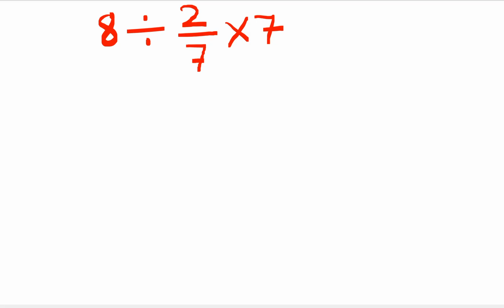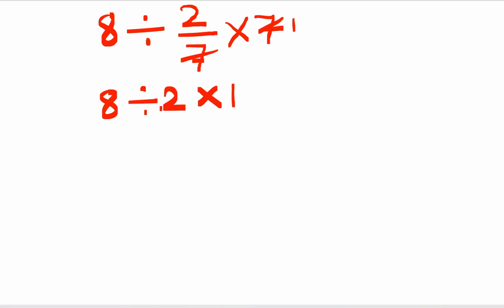Start. The expression is 8 divided by 2 upon 7 multiplied by 7. So 7 into 2 divided by 7 multiplied by 7. So 7 goes to divided, then 8 divided by 2 multiplied by 1.